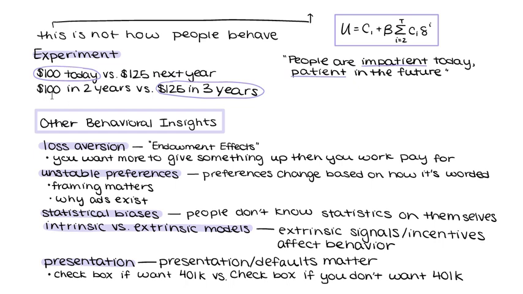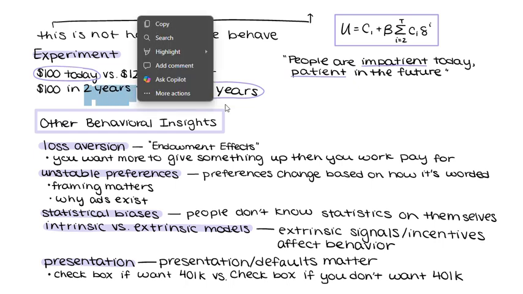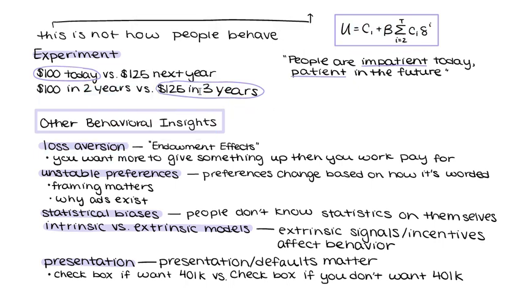But in the second, people choose $125 in 3 years. So if it's not today, they don't care. They become more patient. So they think one more year is worth $25. It's how behavioral economics works.